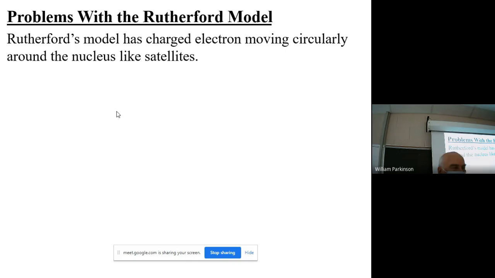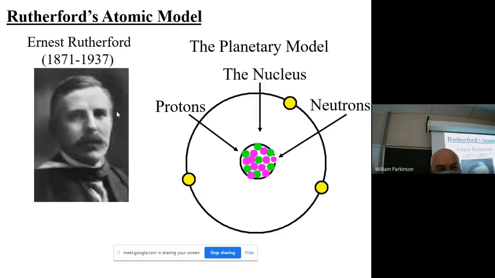Okay, so the bad news is that Rutherford's beautiful planetary model, and I'm going to quickly pop back here and show it to you, the planetary model of Ernest Rutherford, even though it's listed in every textbook from grade school through college, is just a model.